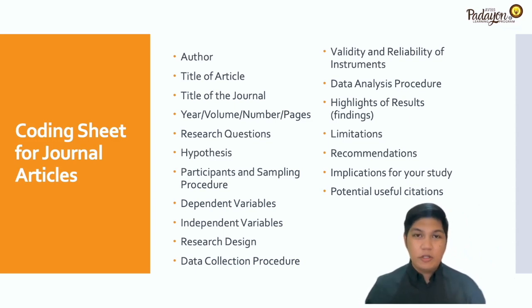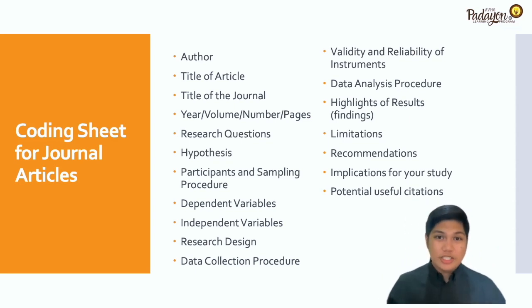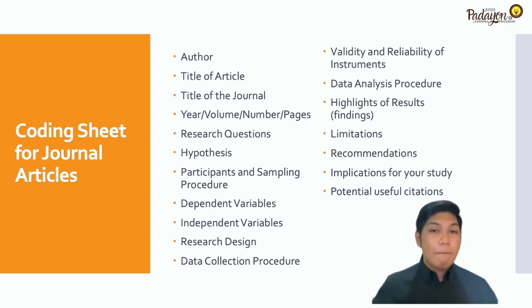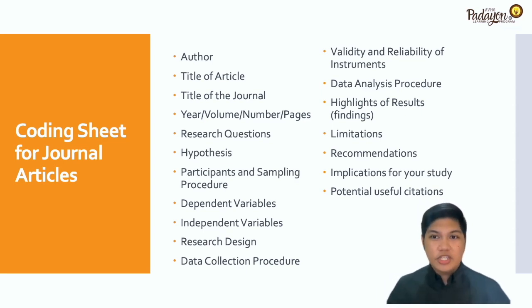So you have here the following: author, title of article, title of the journal, year/volume/number/pages, research questions, hypothesis, participants and sampling procedure, dependent variables, independent variables, research design, data collection procedure, validity and reliability of instruments, data analysis procedure, highlights of results or findings, limitations, recommendations, implication of your study, and potential useful citations.